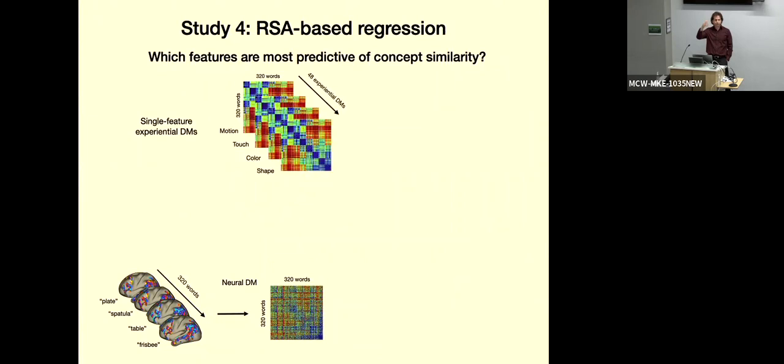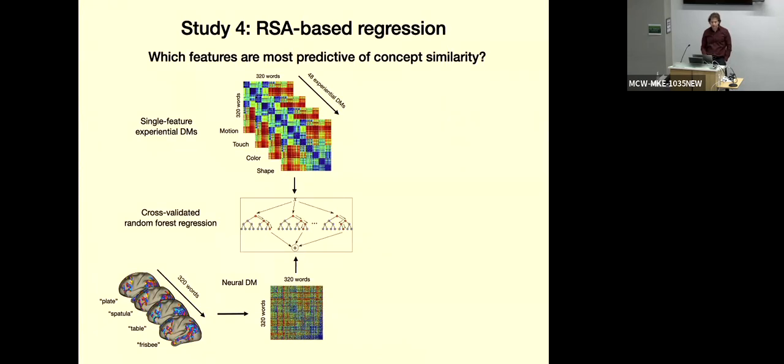So we have 48 different dissimilarity matrices, each one based on a single feature. It could be color or shape or motion, emotional valence. And then we used a machine learning technique called cross-validated random forest regression, where this algorithm weighs each of the dissimilarity matrices from each feature so that you explain the most variance in the neural data. And then that tells you how much each feature contributes to it.